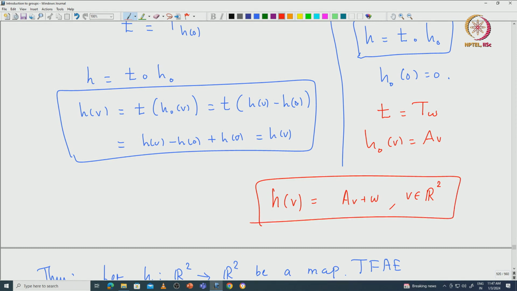So, this is a very explicit algebraic formula for any given isometry. H of V must be A V plus W, where A is some orthogonal matrix that comes from H naught and W is the vector that comes from the translation. We can later use this algebraic formula to conclude more about any given isometry.